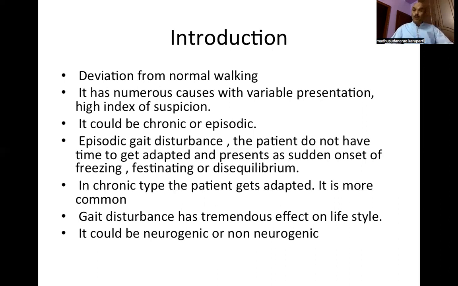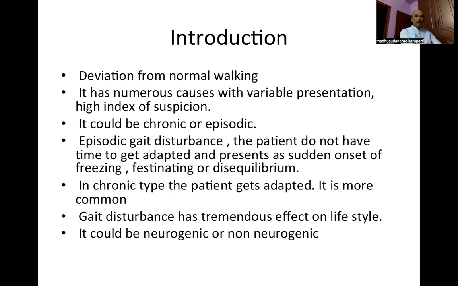Gait disturbance, again, could be chronic or episodic. In a chronic category, the patient has got the time to adapt to the situation, and they are less likely to experience the injuries associated with morbidity and mortality.